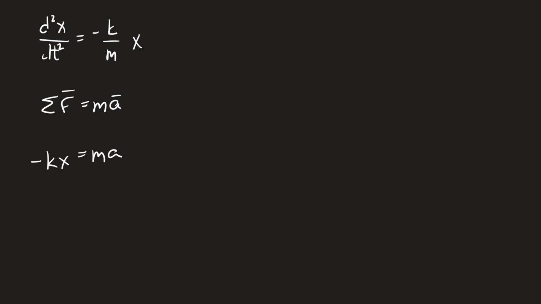I'm being very careful here because this situation is particular. If you have a single force that acts on your object that can be modeled as a constant times a displacement, you will create a differential equation that looks like this. And there is a single useful solution to that differential equation.